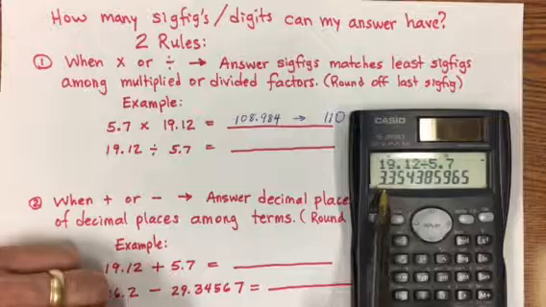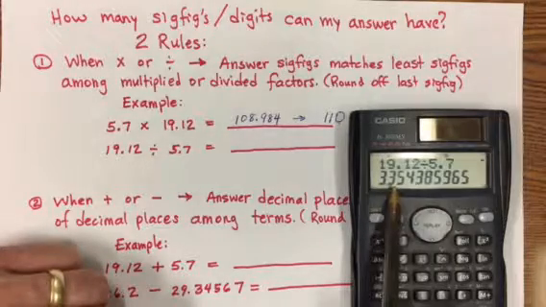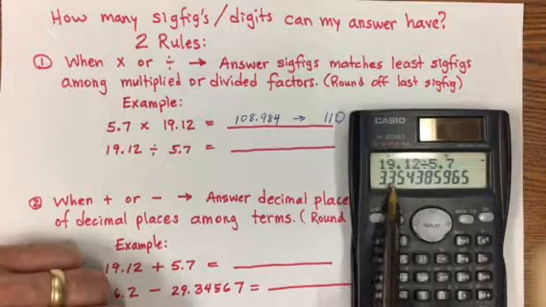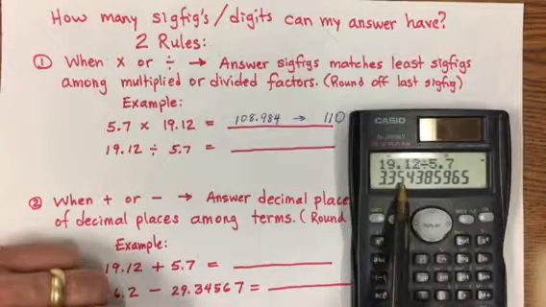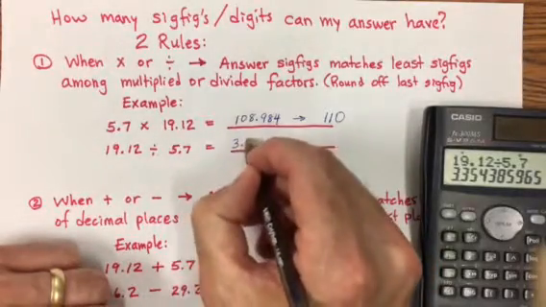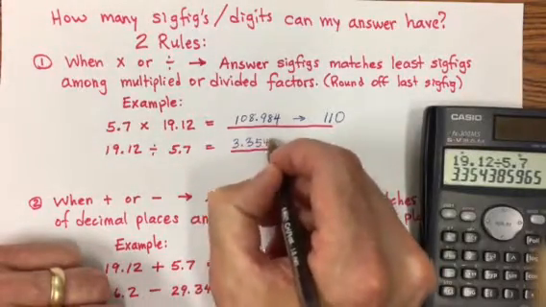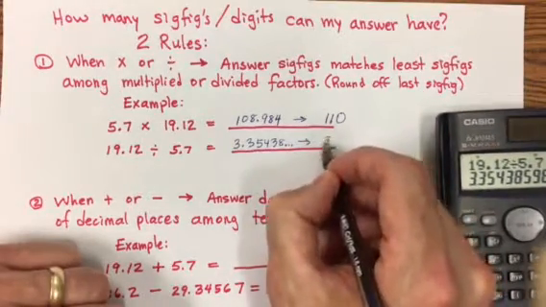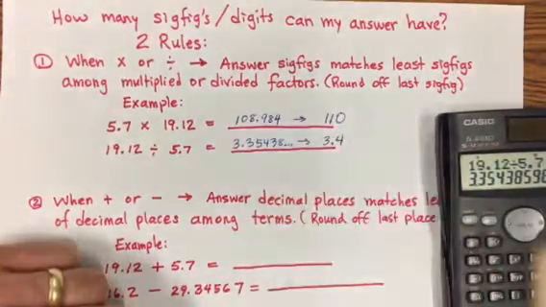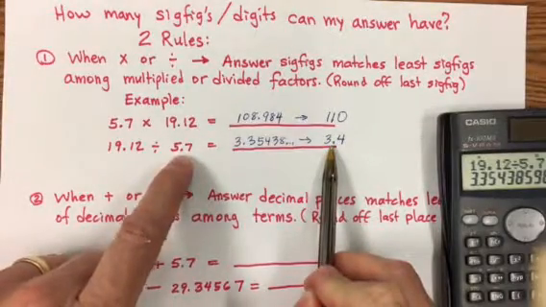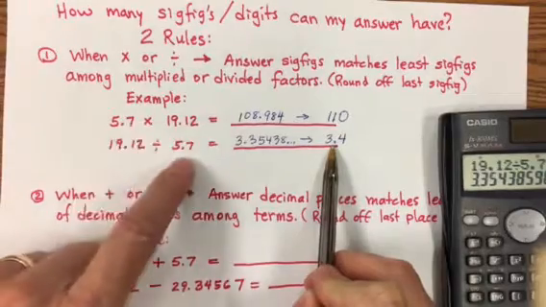I'll keep 3.3, but I'll round up the 3 to a 4 because the next number is a 5. So my answer here was 3.35438... I'm only going to keep it as 3.4, 2 significant figures.